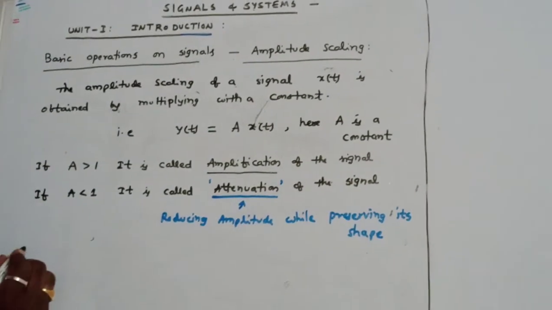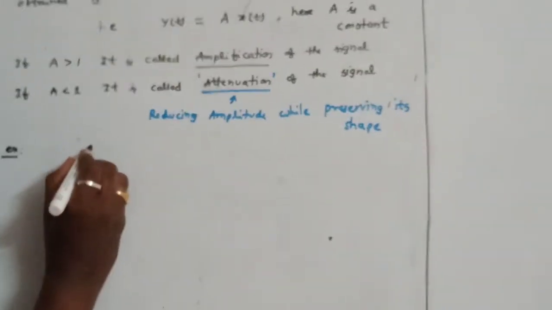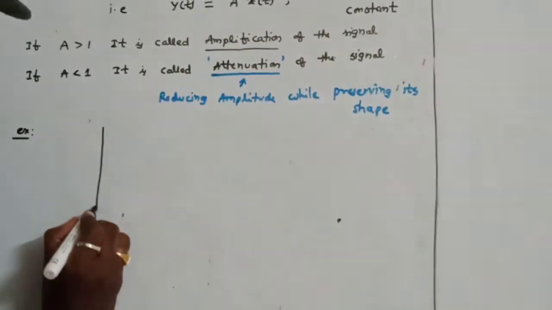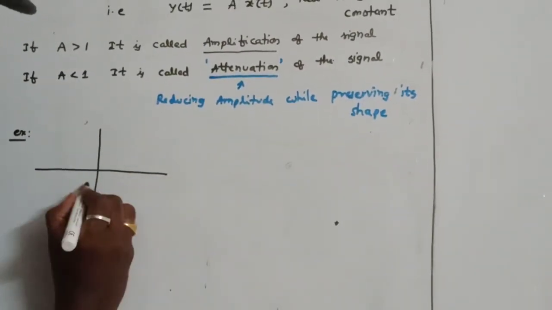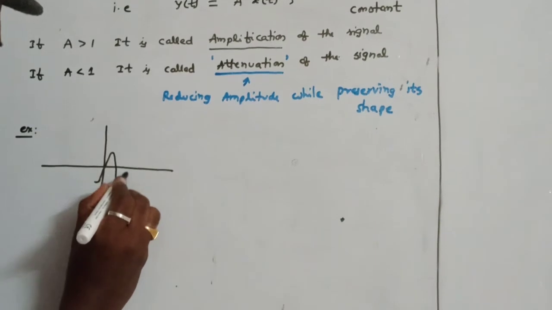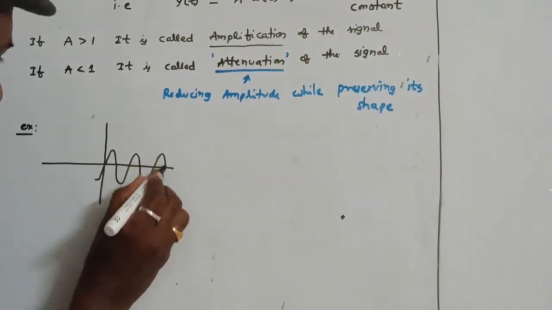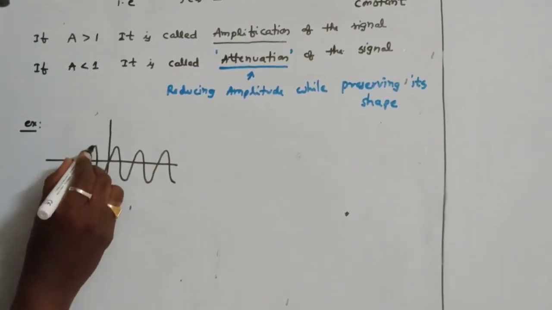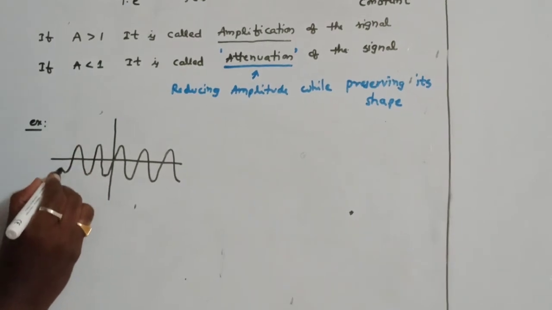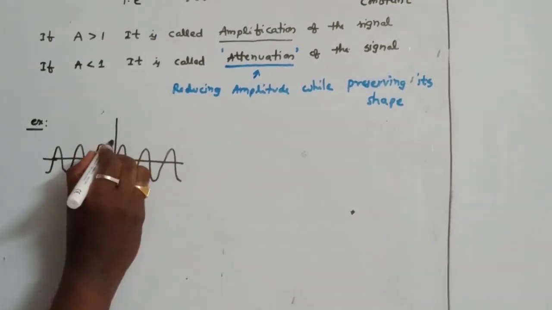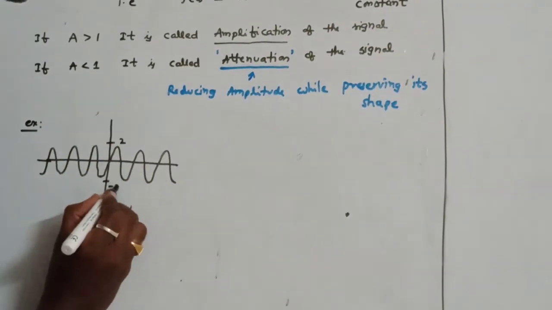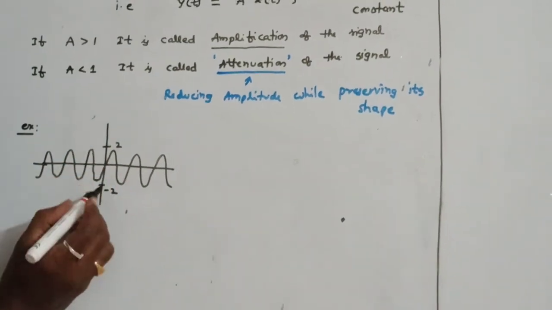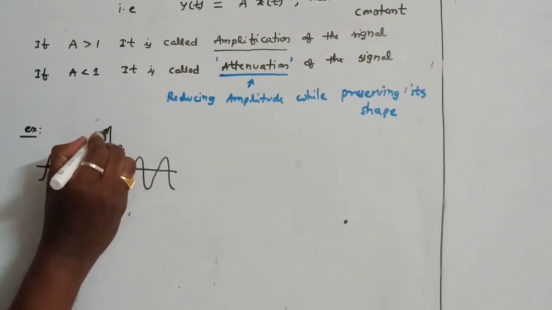Let us see some examples. For example, say a sinusoidal signal is given like this, and let us assume that this is x of t. With the help of an example you can understand this. Suppose the positive peak amplitude is plus 2 and the negative peak amplitude is minus 2.